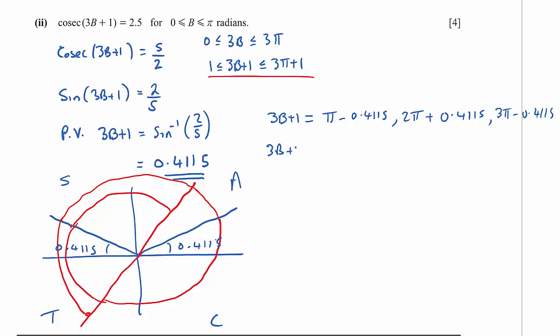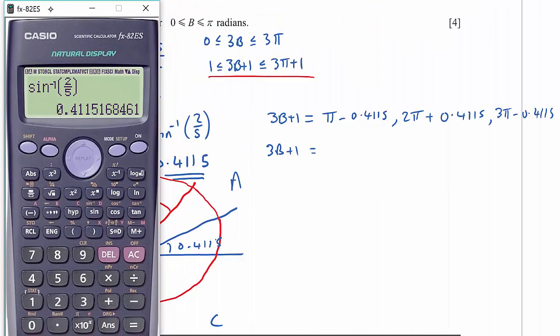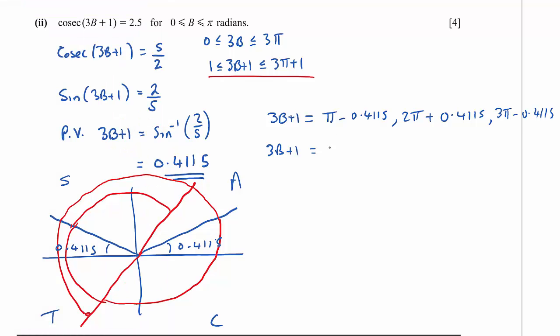So 3b plus 1 is going to be pi, take away 0.4115, so that's 2.7301.